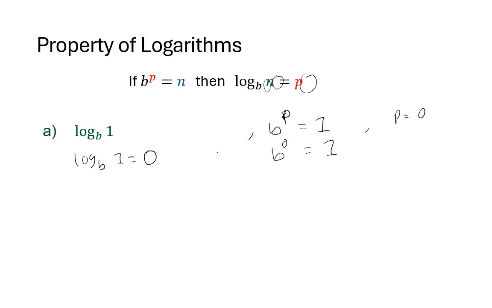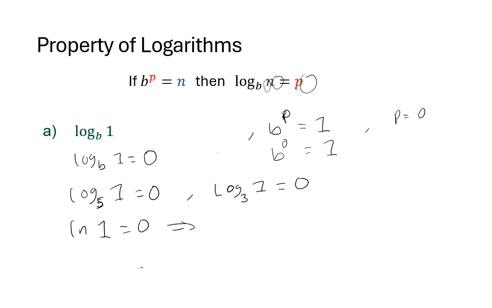So in general, if you have, for instance, log base 5 of 1, this is equal to 0. If you have log base 3 of 1, this equals 0. And even if it is ln, if you have ln 1, this is equal to 0.